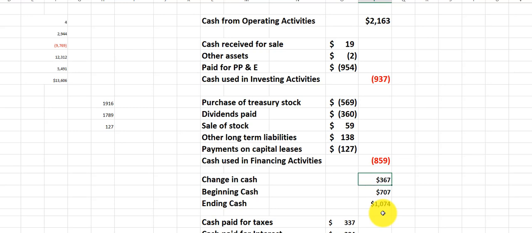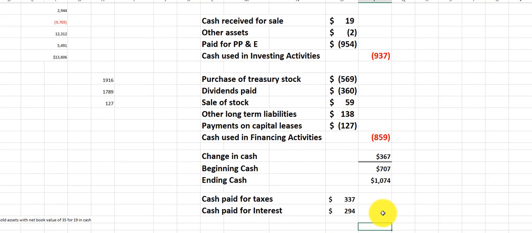Sometimes there's also a reconciliation based on the foreign currency fluctuation, but we're not going to worry about that. And then the disclosures that should be on each cash flow are cash paid for taxes and cash paid for interest, and then any significant non-cash transactions, which we did not have.